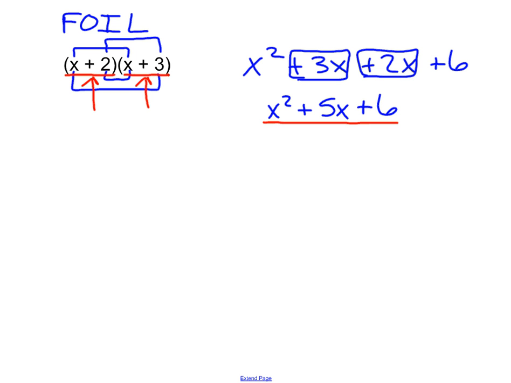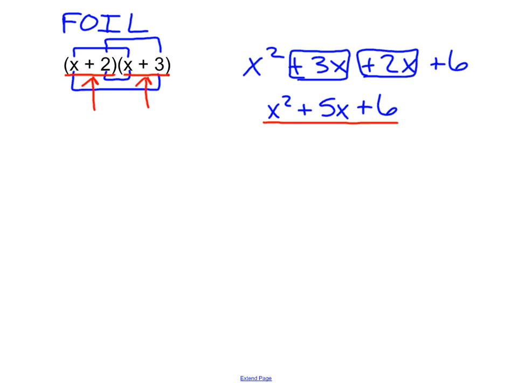Obviously, that looks kind of difficult if you're given this. How are you going to come up with x plus 2 and x plus 3? But there's a certain pattern, and this pattern is always present in these questions. If we can find this pattern, then it's actually pretty easy to come up with these factors.